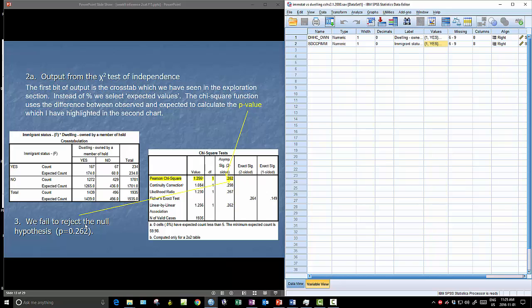These other ones are other tests. Remember I said we're ignoring a lot of the detail in these statistical tests, so we're not worried about any of these. All we're worried about is the Pearson chi-square test. And what we get for the p-value is greater than 0.05.